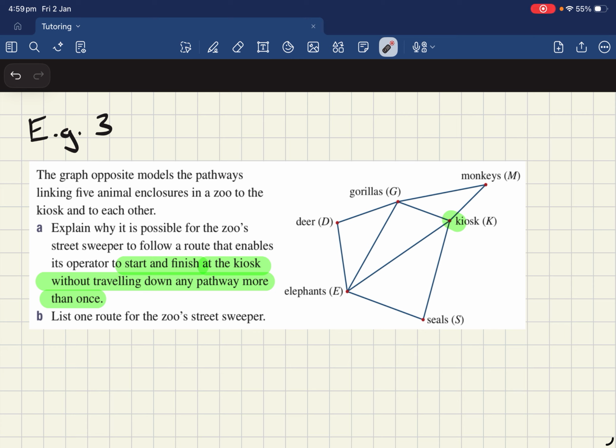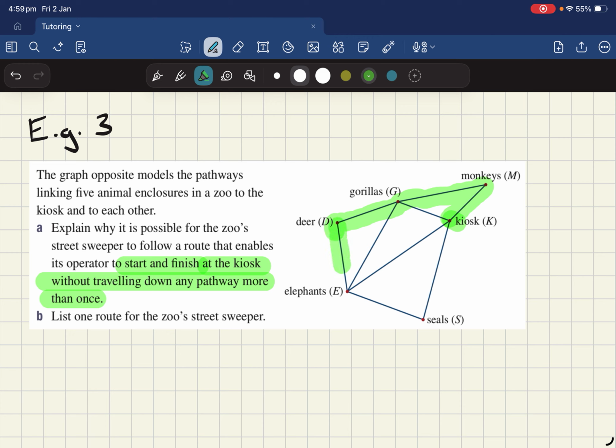Now, we want to start and finish at the kiosk, and we are going to list a route for the zoo's street sweeper. So getting my highlighter up here, let's just draw one. You can pause the video and try to draw one yourself, but I'm going to go through monkeys, gorillas, deer, elephants, gorillas, kiosk, elephants, seals, and back to the kiosk.